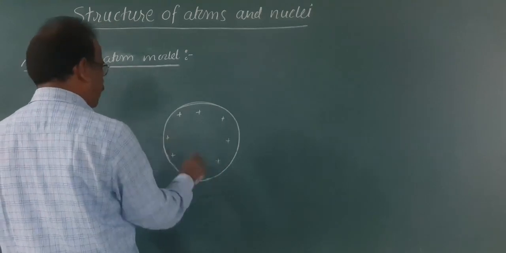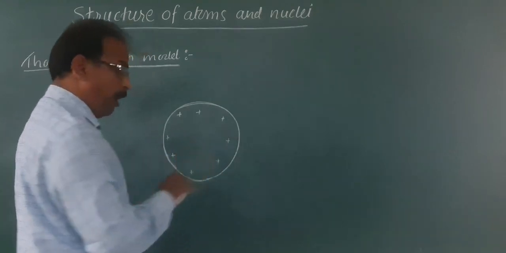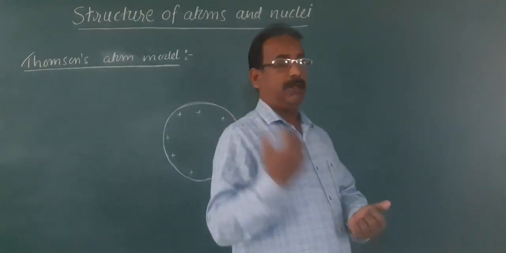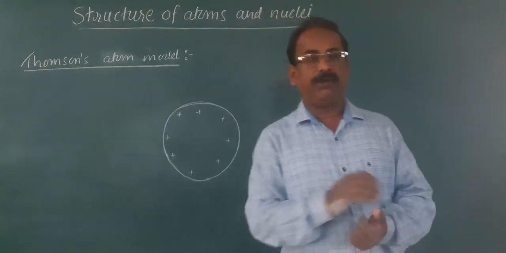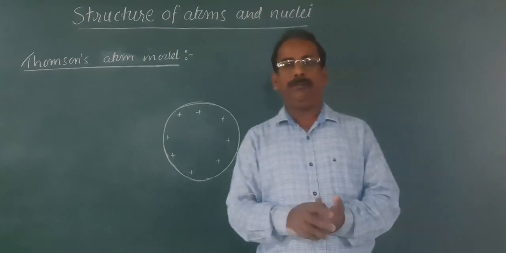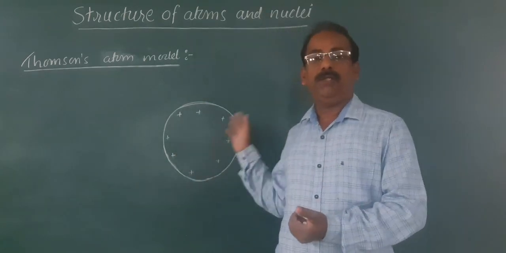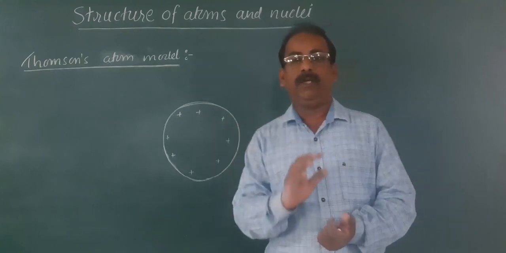Since there is a uniform distribution of positive charge inside the atom, no emission of this positive charge takes place from that atom.